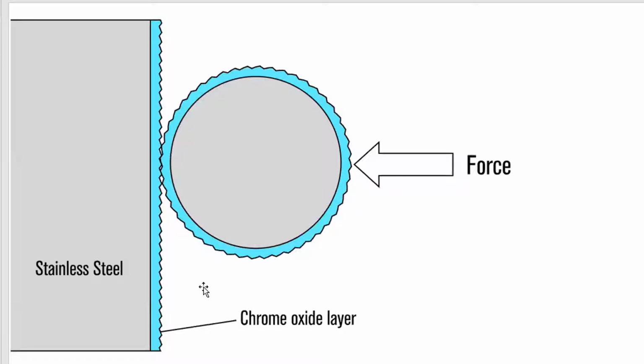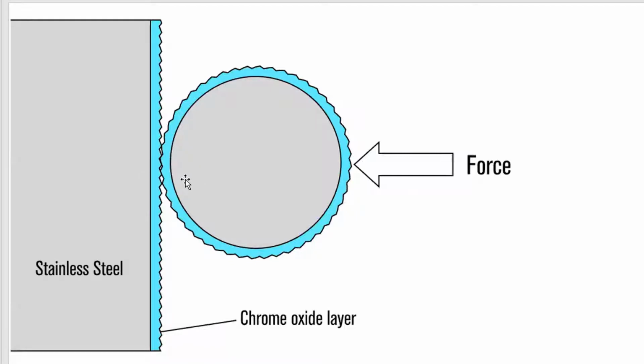So let's see what happens here. This is a very generic drawing. Let's say this is a cylinder, could be a drive pin, and this is whatever surface that it contacts. And both of these are stainless steel. Could be 304, 316, even 416, duplex. And so once they contact, it's not the stainless steel that's in contact.